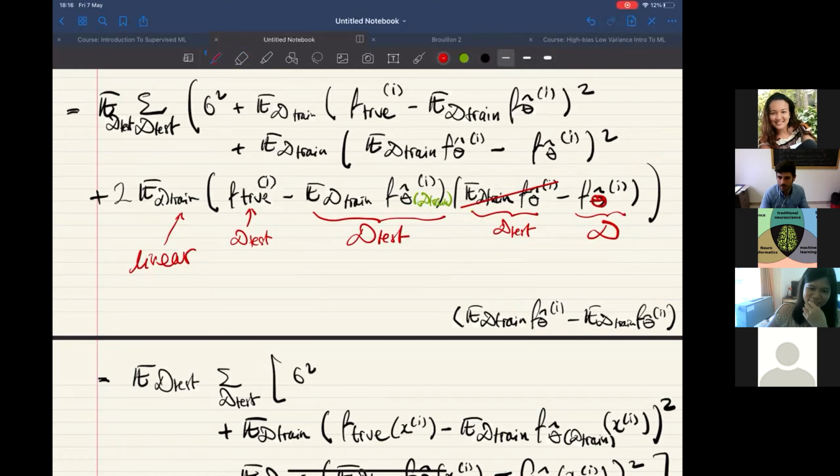It's the same as this one. They are the same thing. But in the equation below, you said it's expectation over the training set.